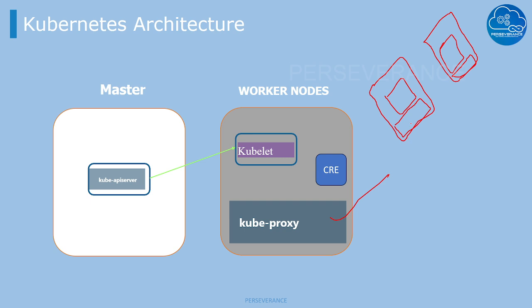It updates the required network rules to enable communication between containers from one server to another, meaning between different containers on different worker nodes.